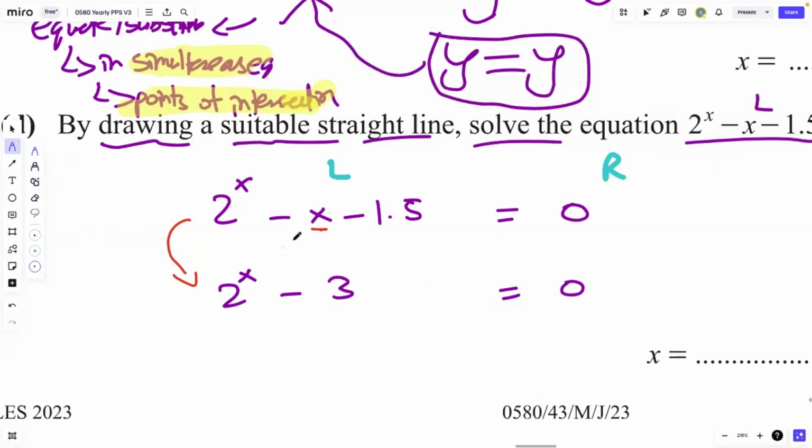We're gonna plus x because we are gonna remove the x, and we need to make minus 3 here. So to make minus 3, we would have to do negative 1.5. By the way, if we do plus x here, we'll have to do the plus x here as well, and a negative 1.5 here as well.